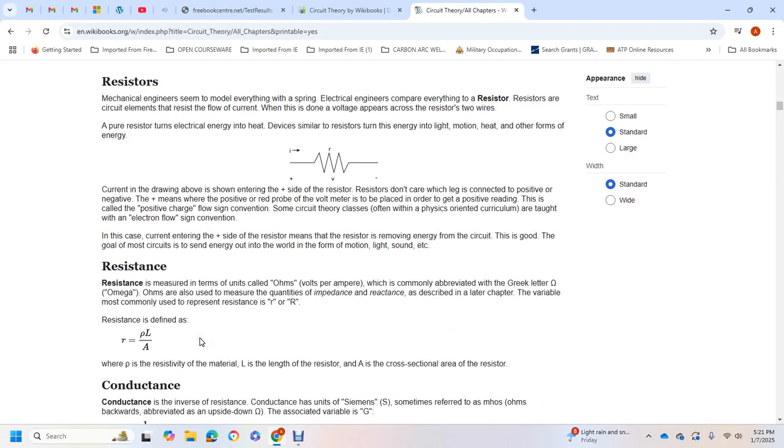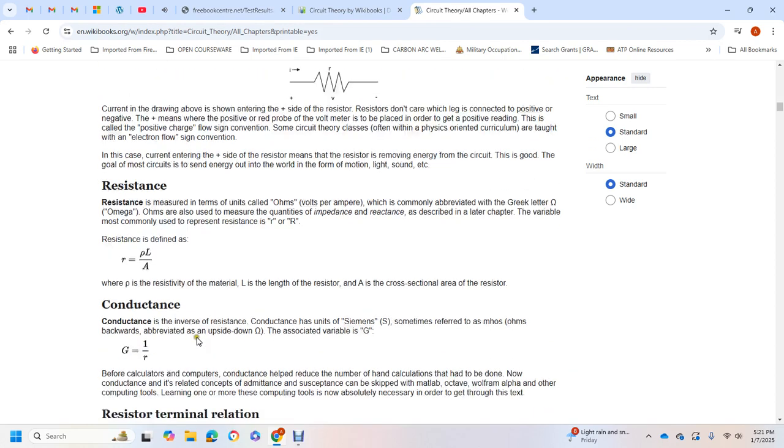Resistance is measured in units called ohms, or volts per amp, commonly abbreviated with the Greek letter omega. Related quantities, impedance and reactance, are described in a later chapter. The variable most commonly represents resistance as R or capital R. Resistance is defined as the resistivity of the material times the length of the resistor over the cross-sectional area of the resistor.